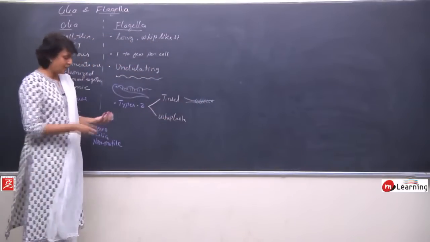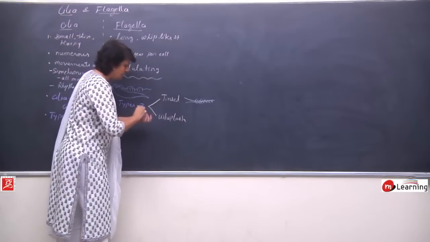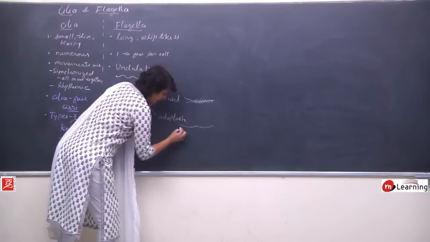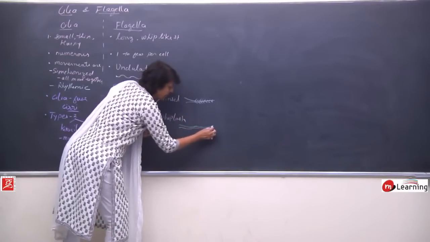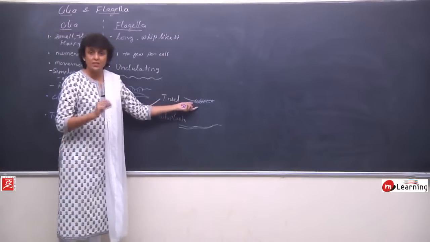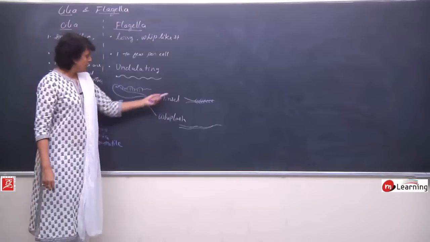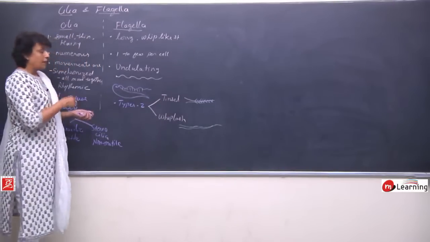Whereas in case of whiplash, which is a typical whip-shaped structure, the base is thicker as compared to the tip, but it uniformly tapers towards the tip, and there are no such bristles or hairy structures on the whiplash type. So two types again on the basis of external structure.